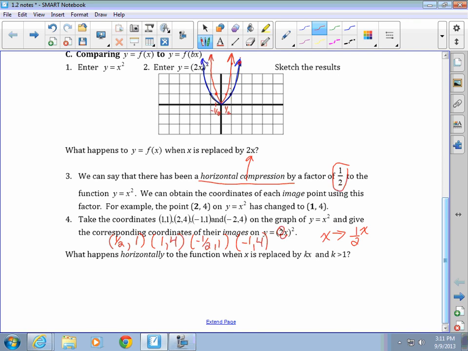Then it says, what happens horizontally to the function when x is replaced by kx and k is greater than 1? Instead of having just an x in there, if we substitute a value that is greater than 1, what actually happened to the graph? It got smaller, well, narrower, a better word.